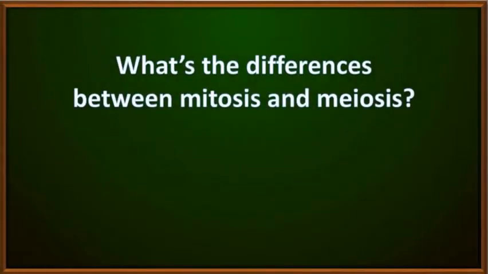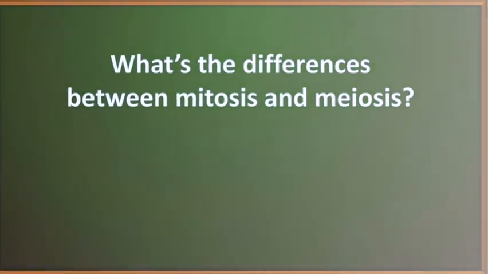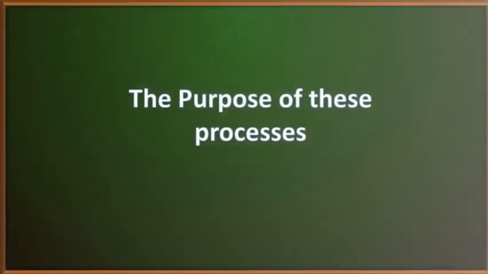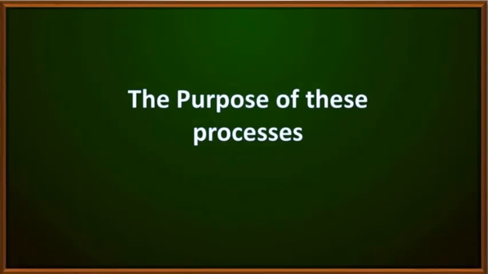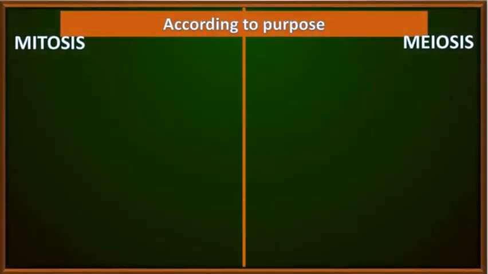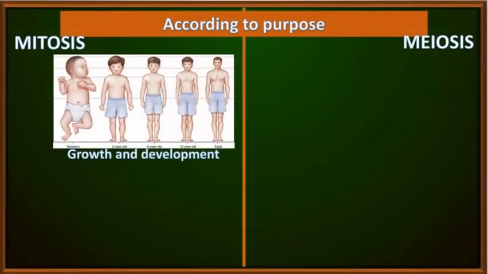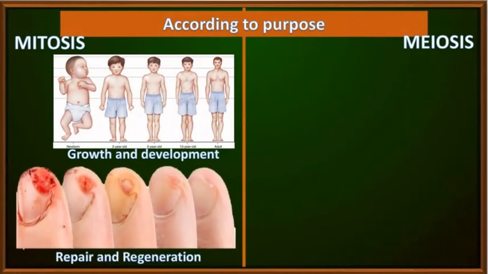But what's the difference between these two cell division processes? Let's take a look at their first point of difference, which is the purpose of these processes. The purpose of mitosis is for growth during development or for repair of damaged tissues or regeneration, just like how your wounds heal, an amazing gift our life can offer.